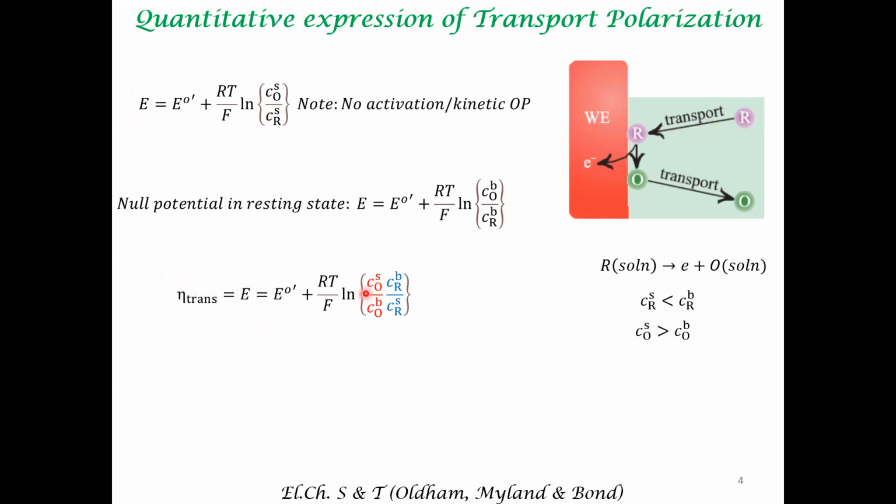I've retained the notations utilized in the book, for continuity's sake. What we mean by transport over potential is eta transport, equal to the difference between these two quantities.